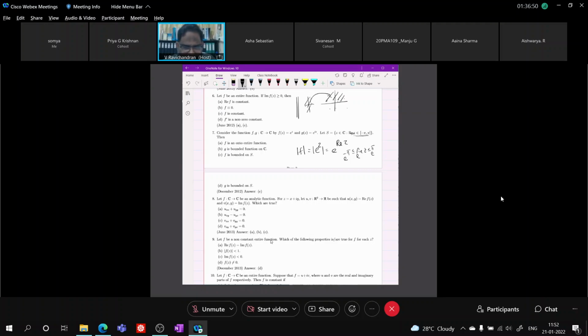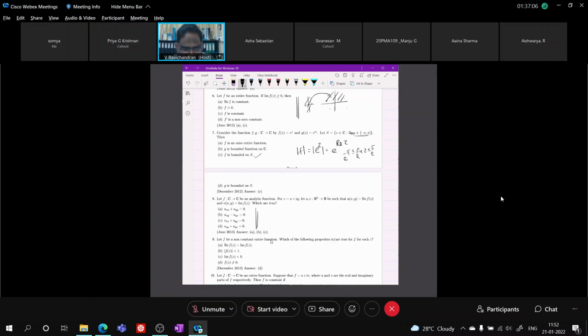So mod f will be bounded and therefore f is bounded. So the C part is correct. If there is only one answer to be correct, I think you have already found which one is correct. Therefore, the other three should be wrong. So that way you can easily do it.